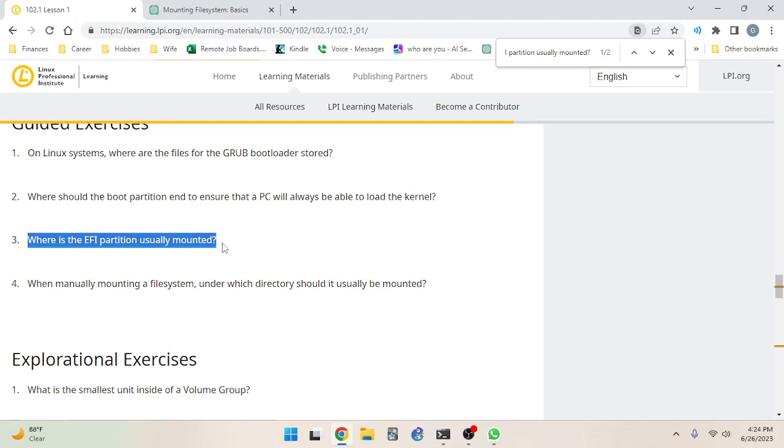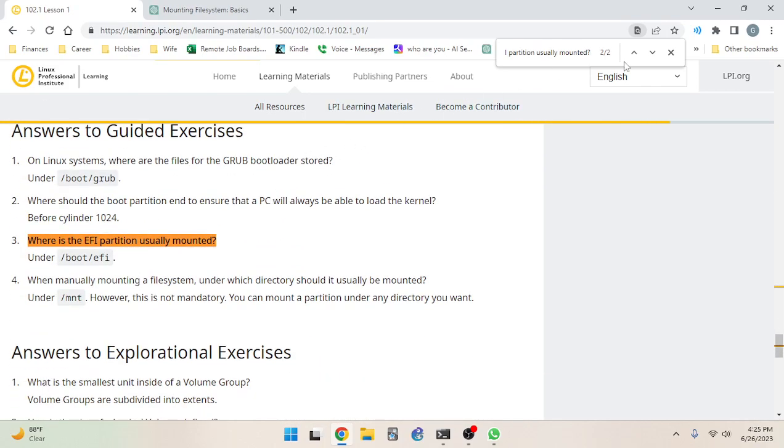Okay, but we know the answer to this question. Where are they usually mounted? They're usually mounted in /boot/EFI is the answer to that one. Yep.